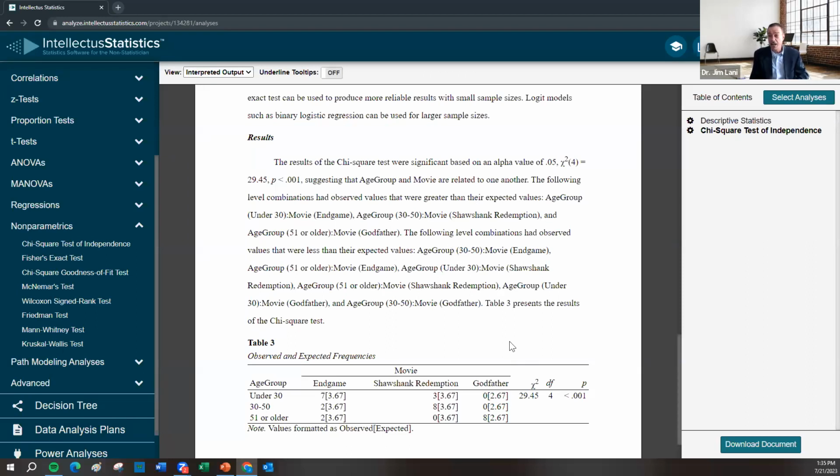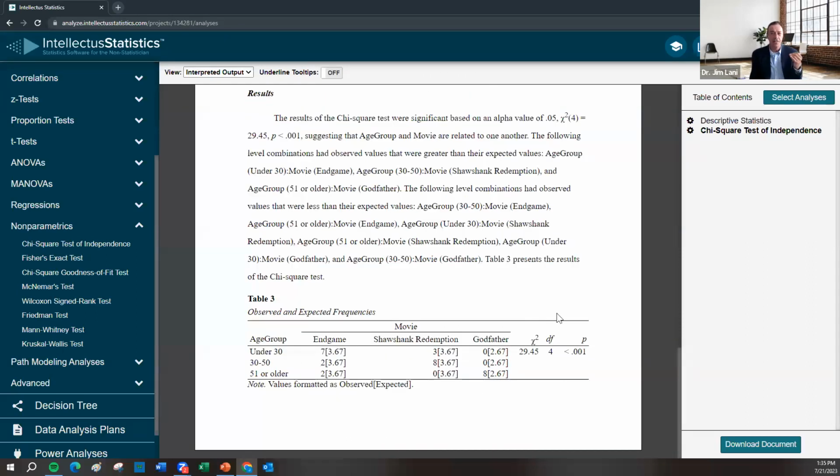So in the chi-square test, once we know that these things are related, and it is, again, the value of the chi-square significance level, anything 0.05 or less we consider to be statistically significant.